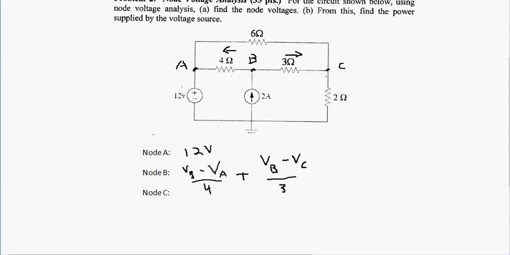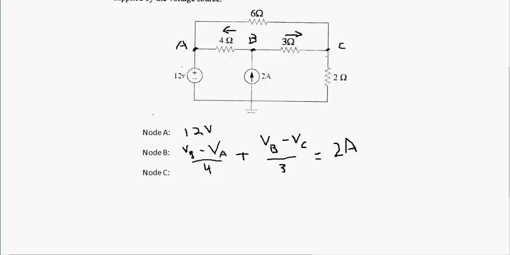So these two equal 2 amps. We have VB minus VA over 4 ohms plus VB minus VC over 3 ohms equal to 2 amps. Kirchhoff's current law says that current in is equal to current out.